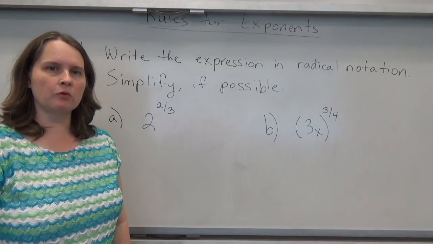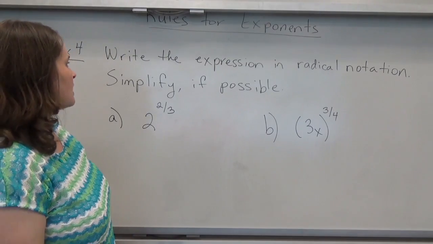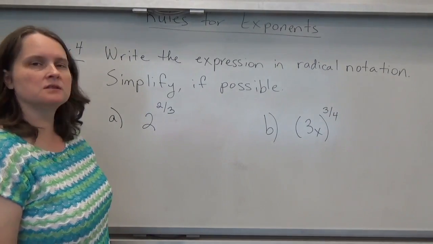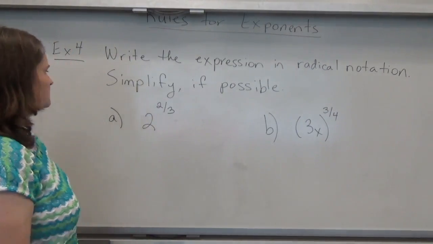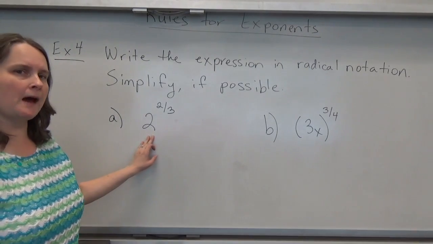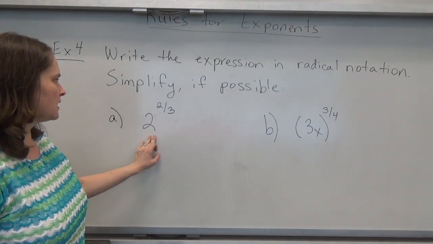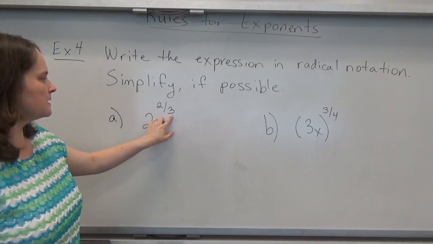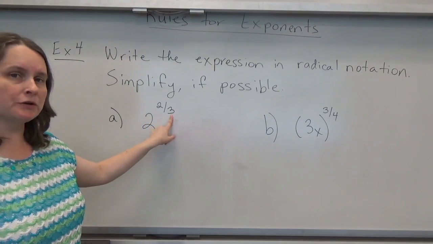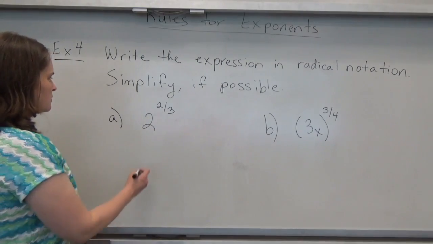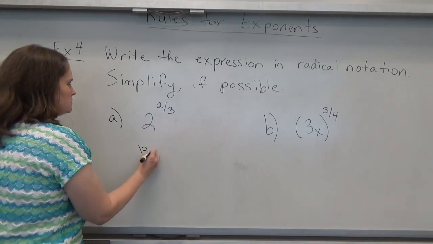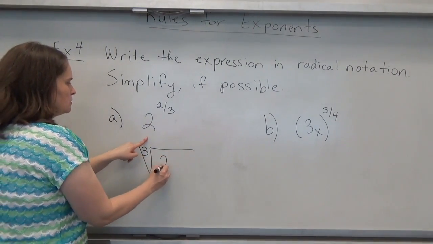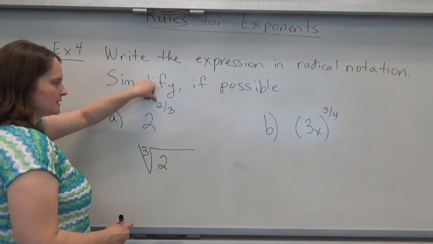Now let's look at example 4. It asks, write the expression in radical notation, simplify if possible. So 2 to the 2/3 power, what does that mean? Again, the denominator that you see is going to be your index when you set up your radical. So we're going to say that this is the cube root of our base 2 raised to the 2nd power.